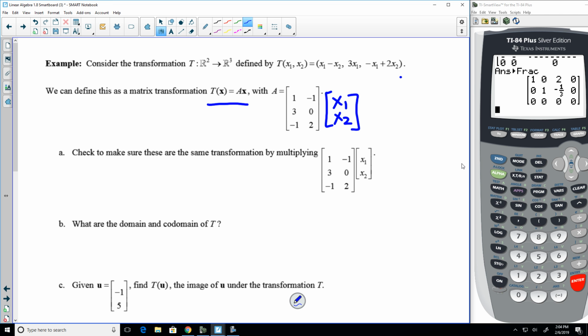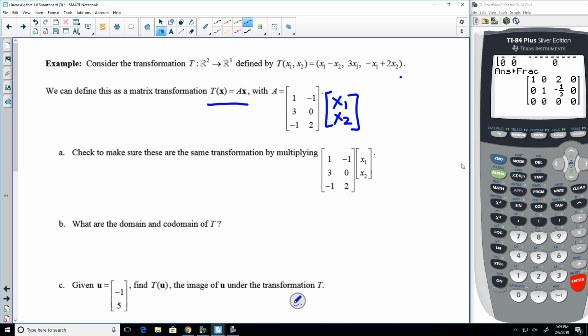Or we talked about doing those dot products. Remember the dot product? If I take the first row of A, dot product with this vector, I get x1 minus x2. And in the second row, 3x1, 0x2. And the third row, negative x1, 2x2. Right.